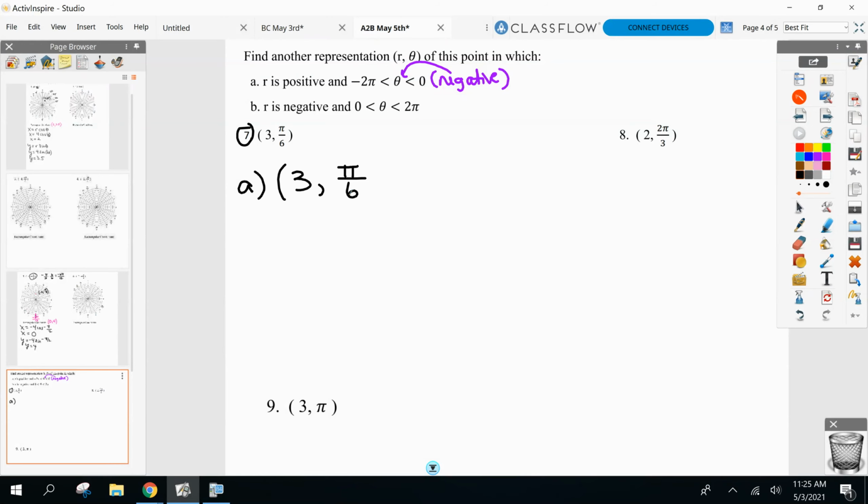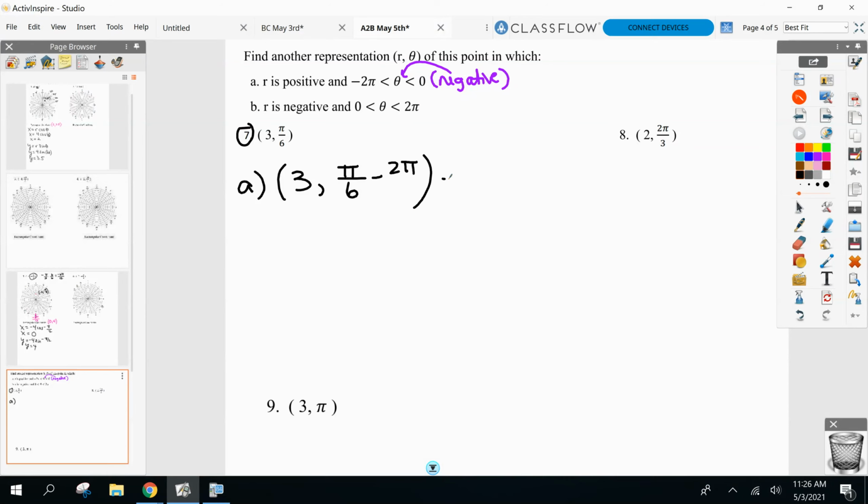Add and subtract 360, also known as 2 pi. But I don't have to do both here. Why not? My angle's got to be negative, it said in part A. So instead of adding 2 pi, I want to subtract it. But yes, most of the time when you keep your R value the same, you add and subtract 2 pi. This just gave me a condition that said, no, you got to be a negative angle.